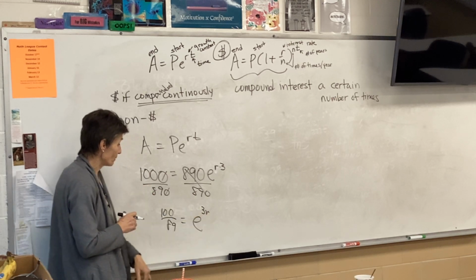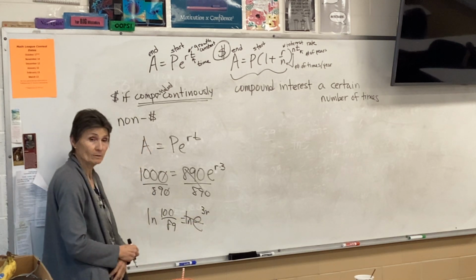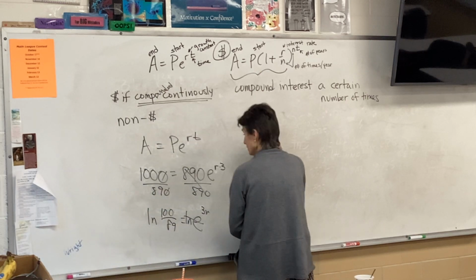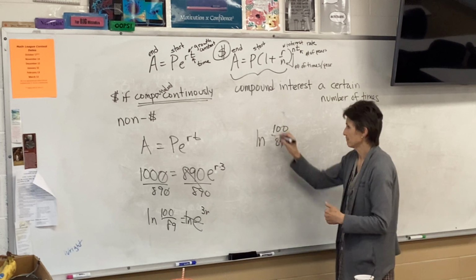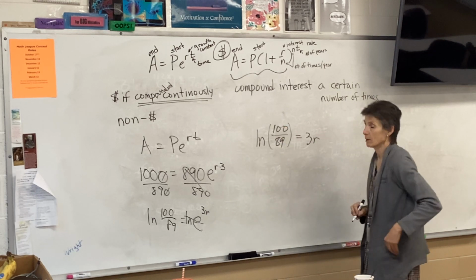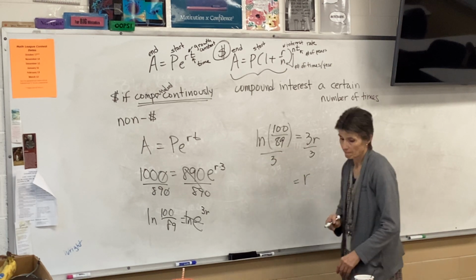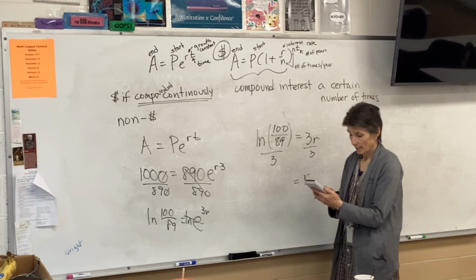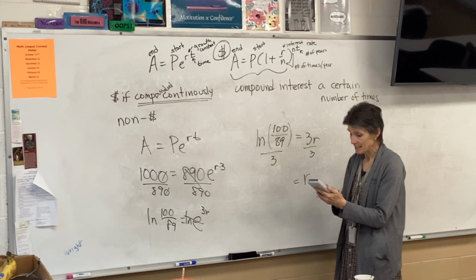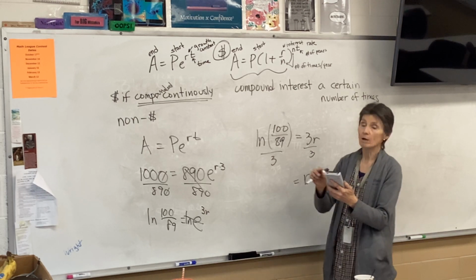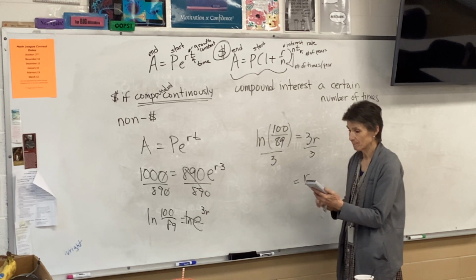Since my variable is up here, I'm going to ln both sides. Those are going to cancel. And I'm going to have ln(100 over 89) or 1,000 over 890 equal to 3r. So then I'll divide by 3. ln(100 divided by 89), or 1,000 divided by 890, divided by 3.